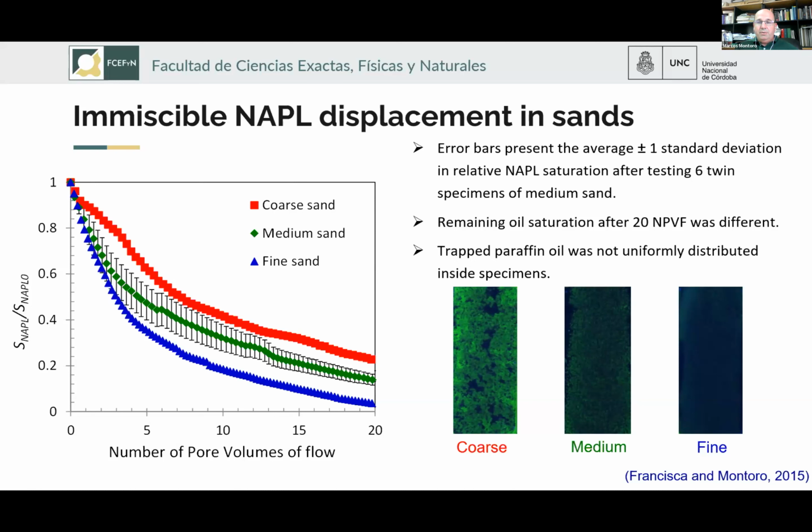From the pictures, we can observe that trapped paraffin oil is not uniformly distributed inside the specimen, even in the case of the duplicated medium sand specimen. These results highlight the importance of pore-scale heterogeneities on the immiscible displacement fluid flow in soils.